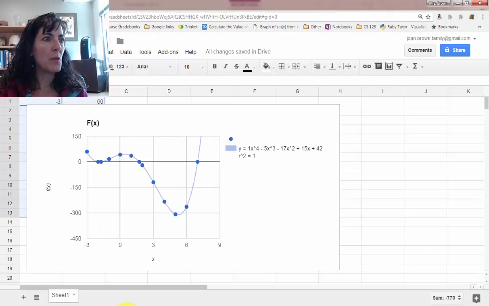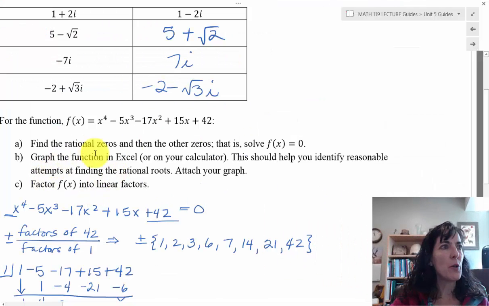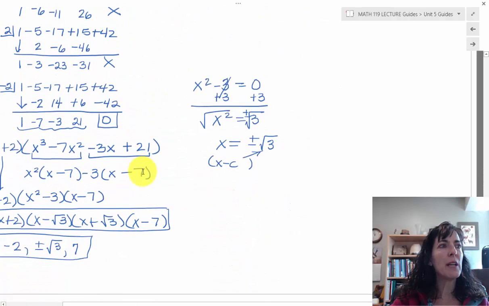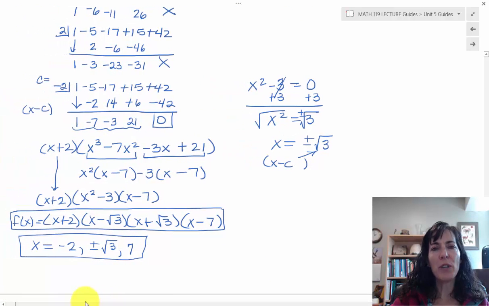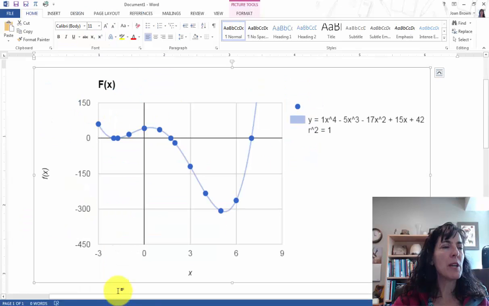So that's a really nice graph. Back in our work, so I did that, and it says it should help you identify reasonable attempts at finding the rational roots. I could attach my graph. I don't find the graphing part very helpful because you kind of have to know what region your roots are in already. But since I was able to just look at it, let me show that one more time.